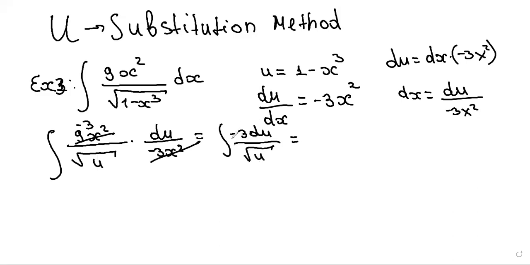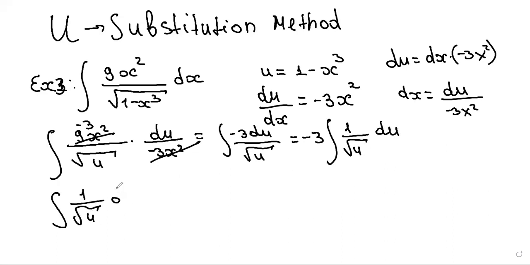We can take this negative 3 out of the integral, so it will be the integral of 1 over the square root of u du, which we can write as u to the negative 1 over 2 du.